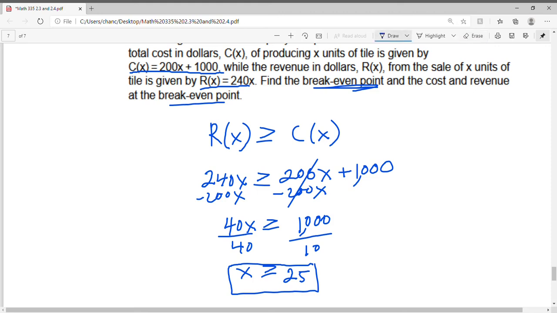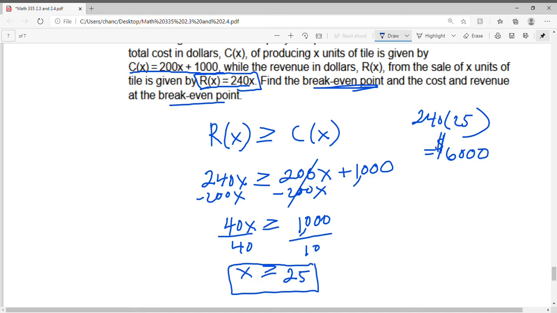Now, if we want to find the revenue where we are producing 25 tiles, we can plug it into the function. 240 times 25 is our revenue function. What is 240 times 25? We get a total revenue of $6,000.